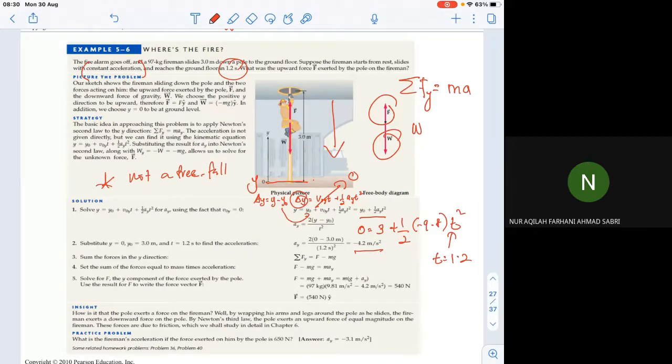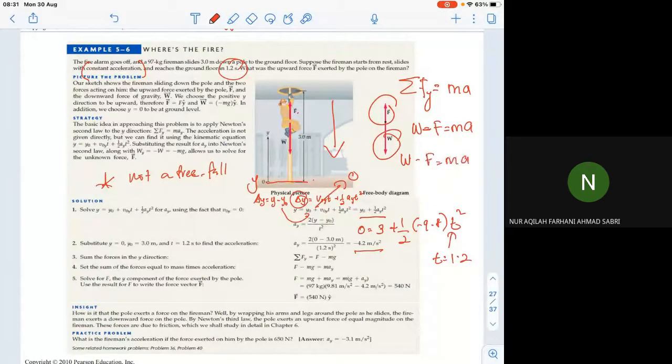If you look carefully, F is at the top part and W is at the bottom part, so definitely W will reach the ground first. Then we put W minus F equals ma. If you write F minus W, you need to consider that a will be negative because it is against the acceleration. So in this case, W minus F equivalent to ma.